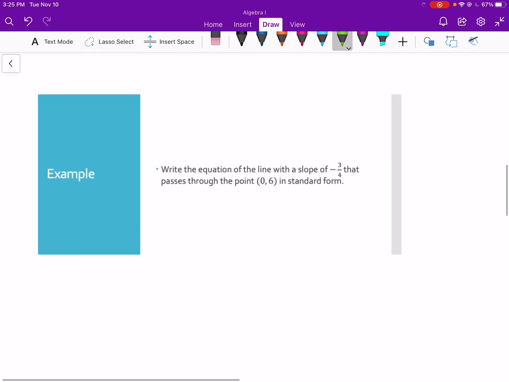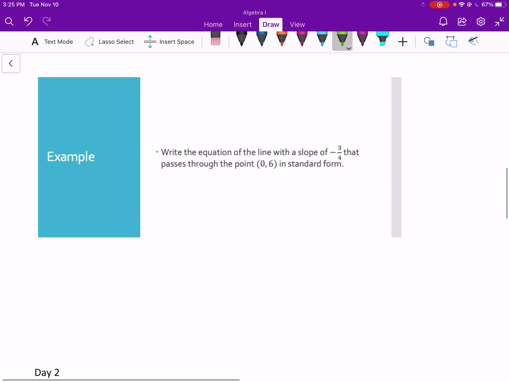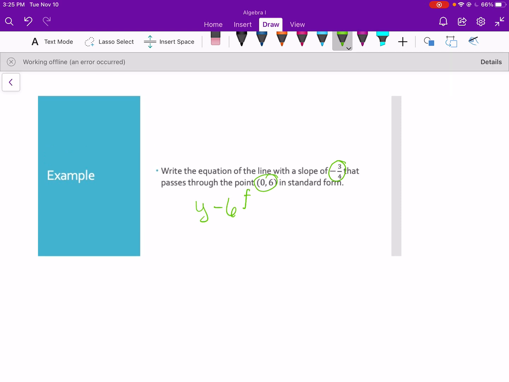Last one here: write the equation of the line with a slope of negative 3/4 that passes through the point (0, 6) in standard form. So we're given a slope and a point. That tells me I should write it in point slope first. That gives me y minus 6 equals negative 3/4 times x minus 0.